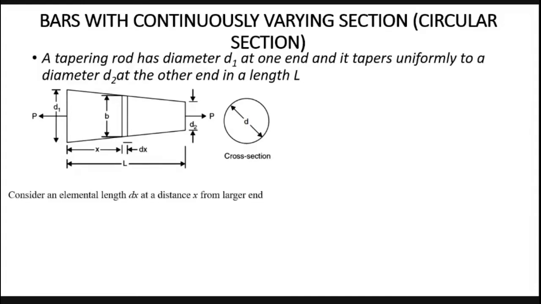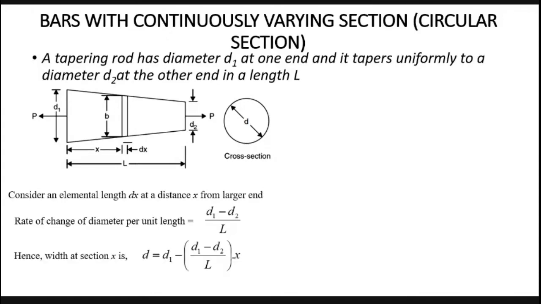So let me consider a small elemental length dx at a distance of x. Let me identify the rate of change of diameter per unit length, as we discussed in the previous slide. Here d1 is maximum and d2 is smaller, so it is d1 minus d2 divided by L. What is the diameter at a particular distance?